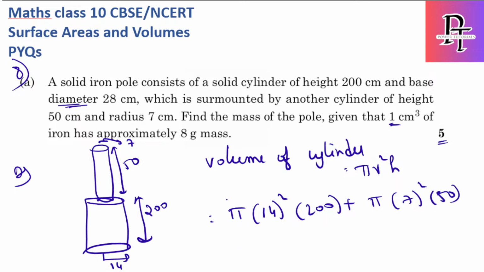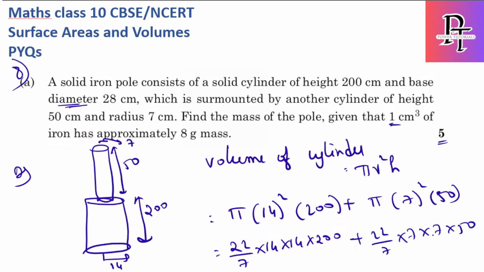Let's use pi as 22 by 7. So this becomes 22 by 7 into 14 into 14 into 200 plus 22 by 7 into 7 into 7 into 50. The 7s get cancelled out. 7 twos are 14. So let's multiply here. 22 twos are 44, 44 twos are 88. 8800 into 14.